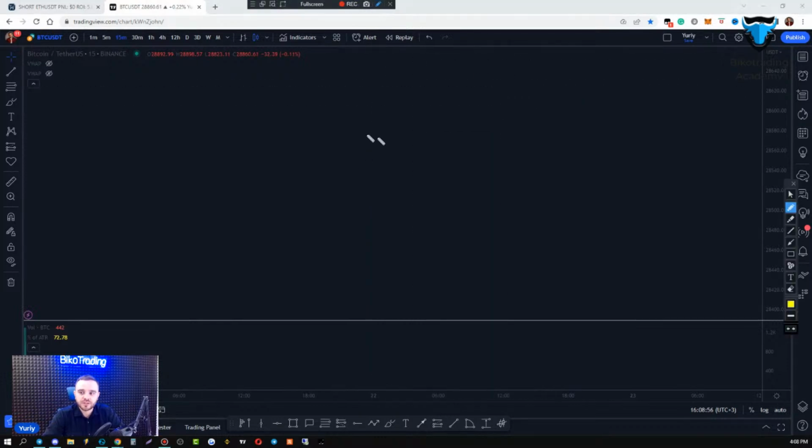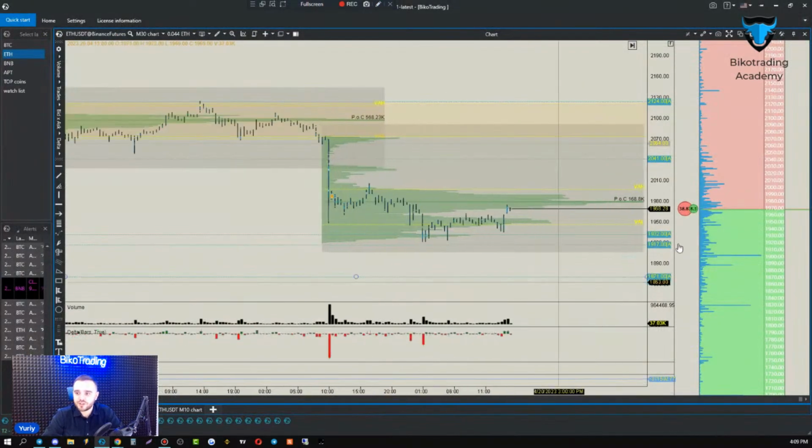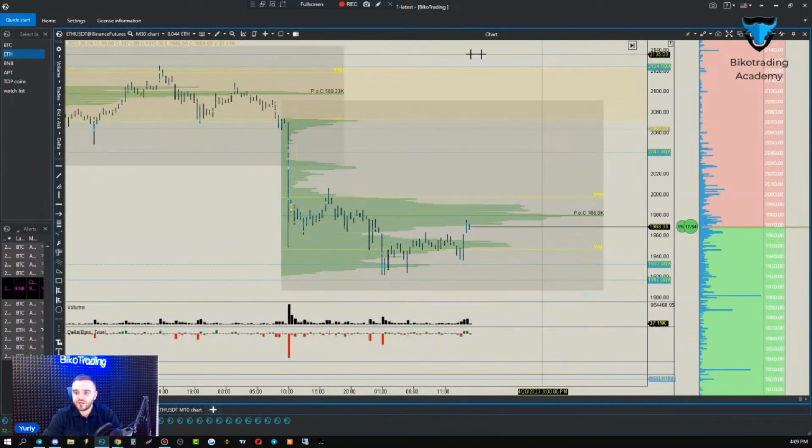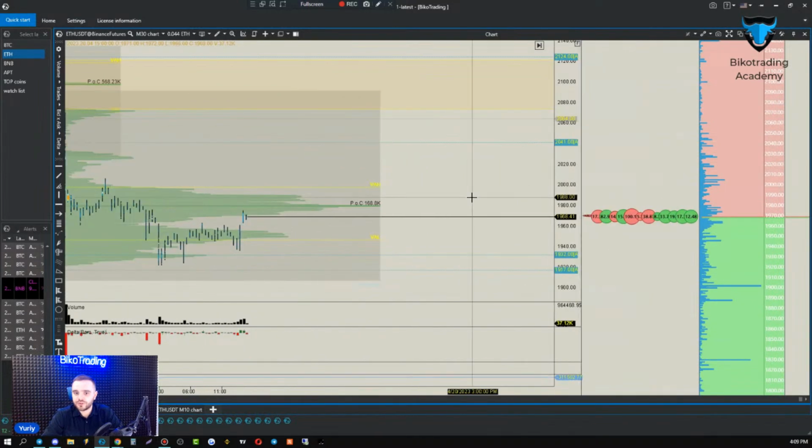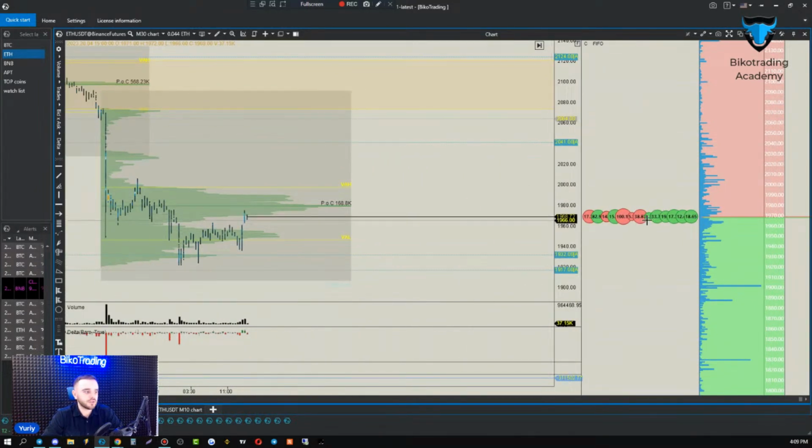About cumulative delta, how it works and what it means. Cumulative delta shows us the difference between buyers and sellers. As you know, price moves on exchanges. Like at this moment, you can see a live order flow of Ethereum. It is real-time market orders. Only real market orders move the price.